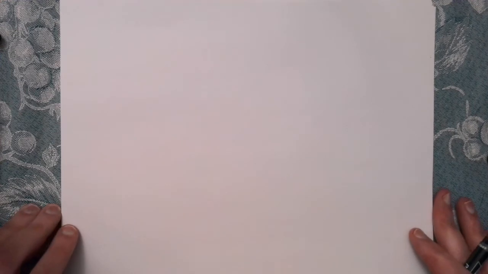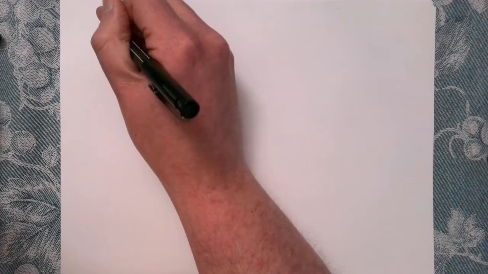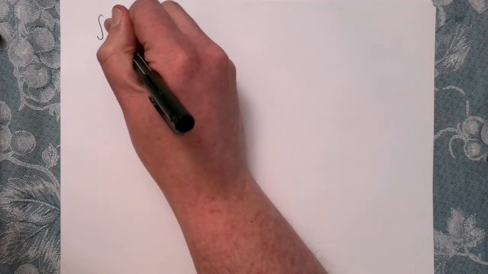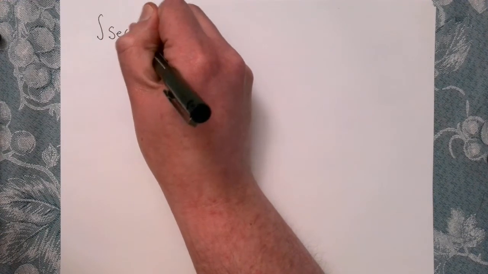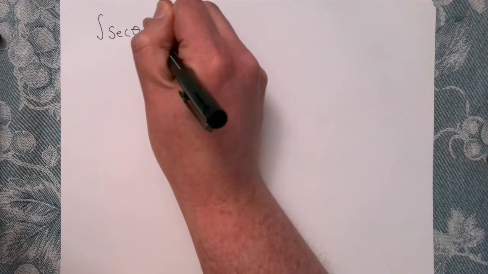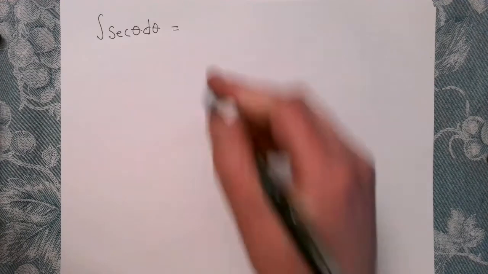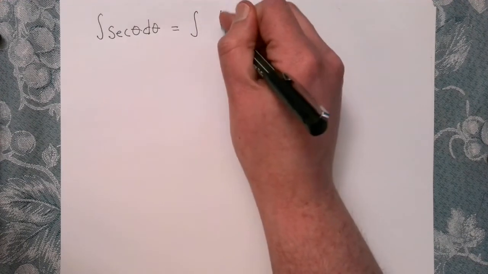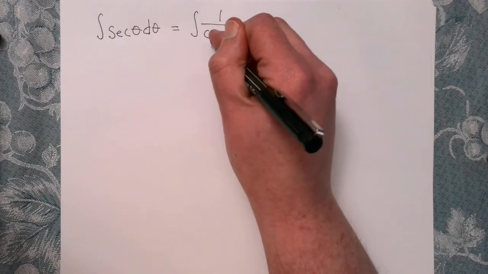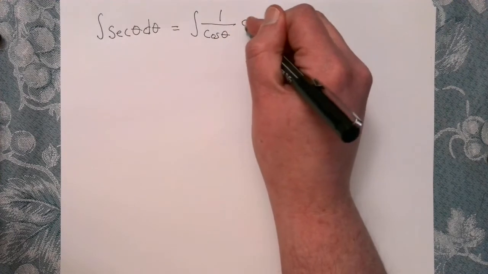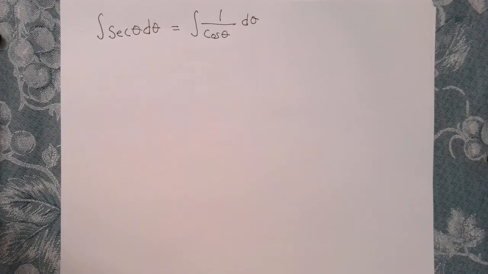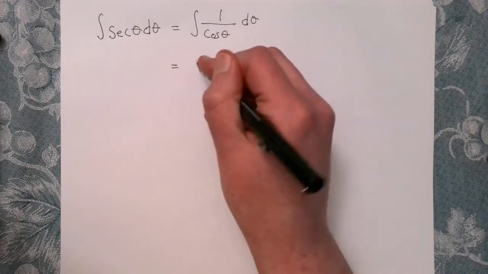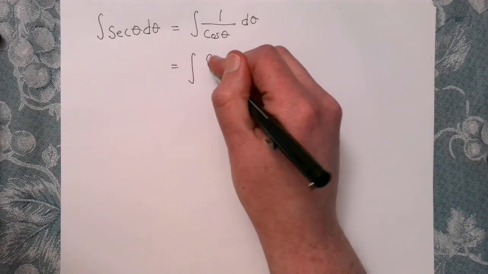Okay, let's see what's going on in our second computation of the integral of secant. We can write this, just by definition of secant, as 1 over cosine of theta. And we're going to multiply the top and the bottom by cosine of theta.